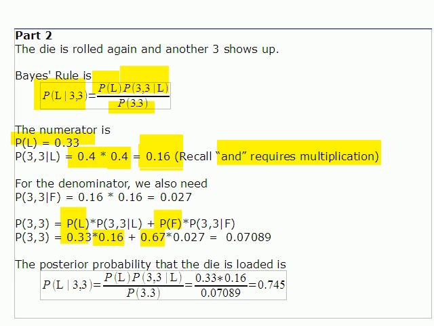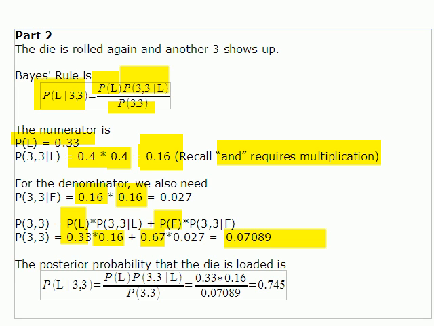What's the probability a fair die would give 2 3s? Well, what's the probability for 1 is 0.16 times 0.16, since it doesn't influence each other to do it twice. Here we go, and it's 0.027. I multiply those, add together, and that's what's going to go in the denominator.